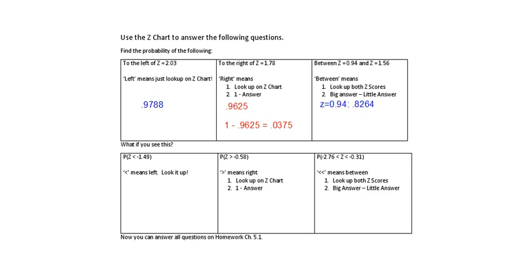All right. Next, for z equals 1.56, we're going to get 0.9406. Once we have our two answers, the last step is to subtract.